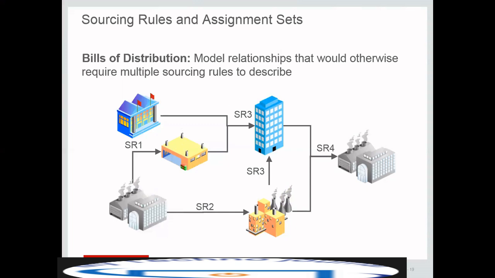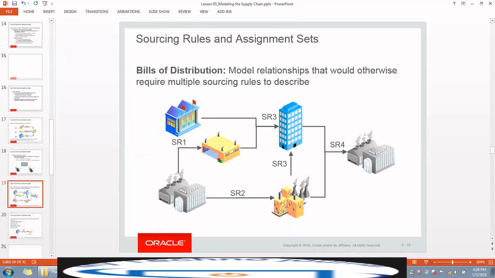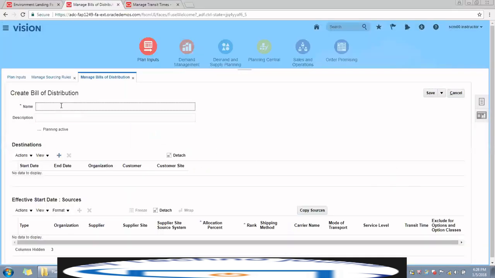So a bill of distribution is nothing but a combination of multiple local sourcing rules, right? This is more useful when material is flowing through multiple organizations. So if you go back to bill of distributions, for example, let me create a bill of distribution.